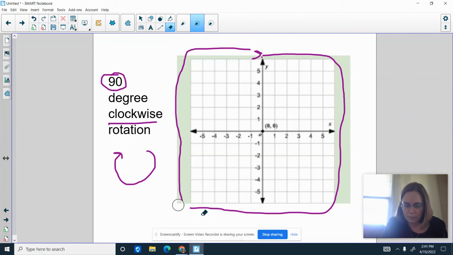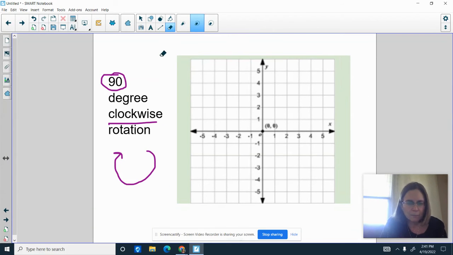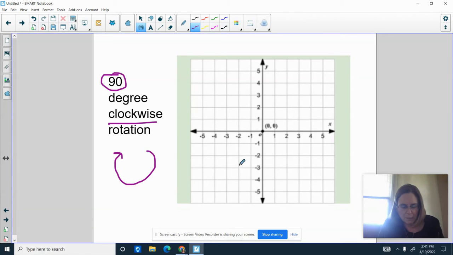Just going to clean my screen a little. Okay. All right, let me put a point here. Let's start with this one here. Let's start there by saying what that coordinate is.